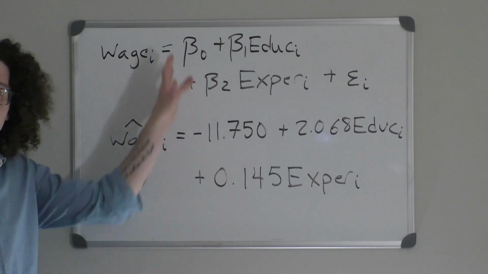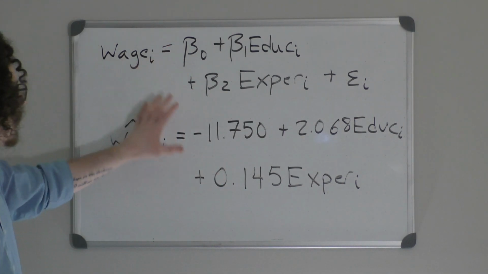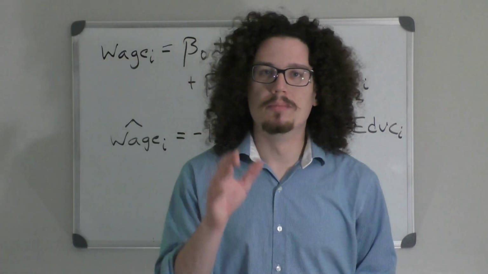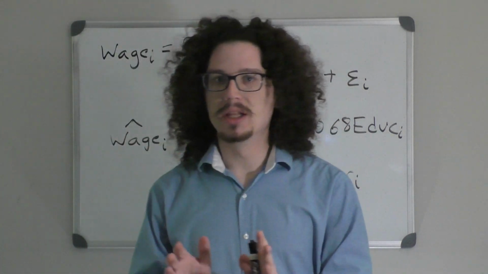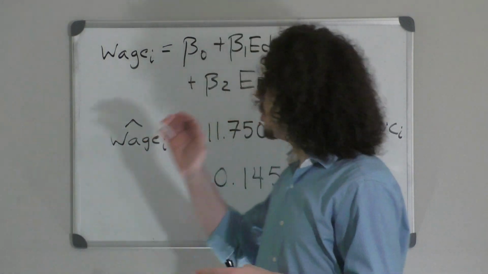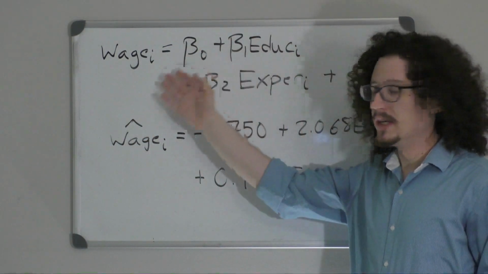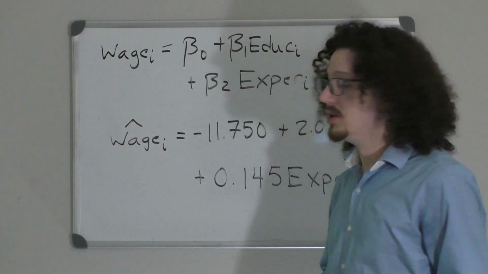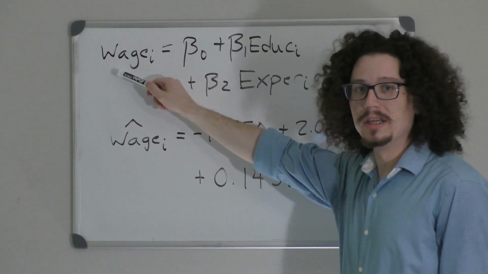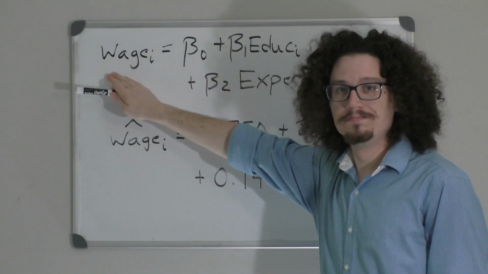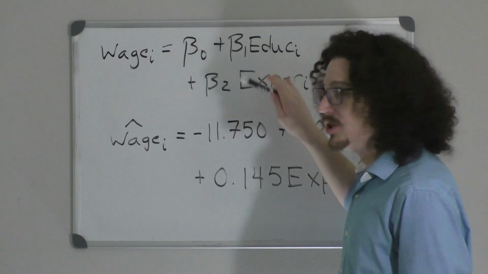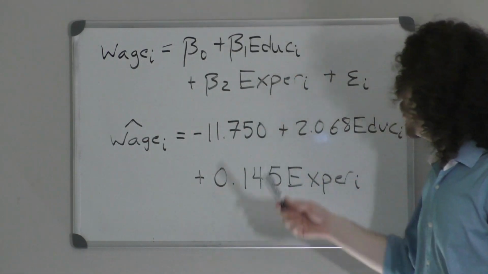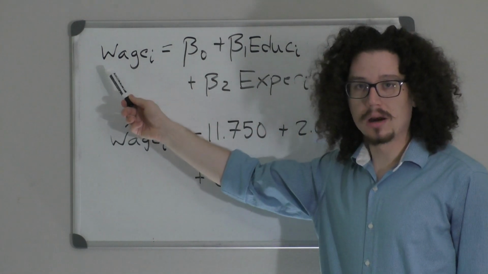So again, I'm going to erase this in a second and move it up so we can talk about it a little bit more. But again, just some differences between our model and our estimated equation. Remember that the model is for the population, so it's going to be in parameters. We're never actually going to do anything with the model other than just setting it up, really. And when I want you to do this, this is just so you show me that you know what your dependent variable is, what your independent variables are, and so on and so forth, right? So big differences here.